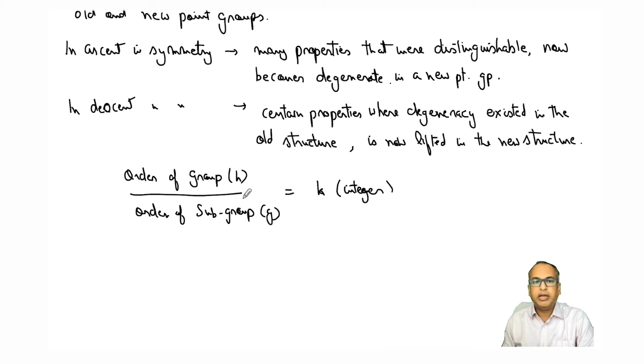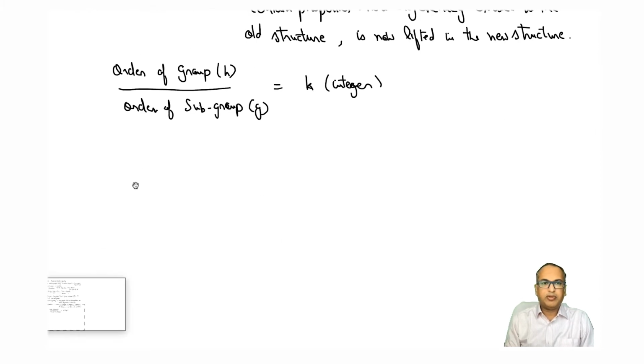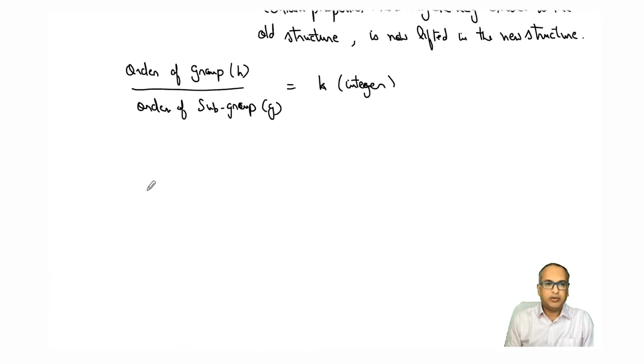So it must be an integral divisor of the order of the group. So if there is a group subgroup relation, the two must follow this rule. Now let us take an example, because without an example it is not easy to understand.